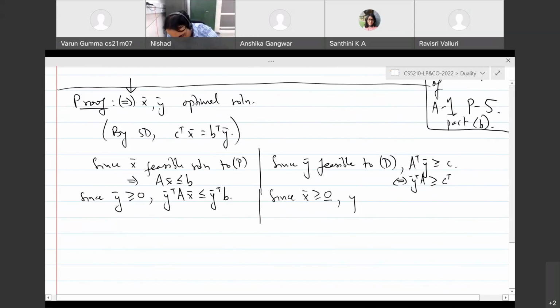So I get y bar transpose A x bar is at least c transpose x bar. Let's combine the information we have so far.